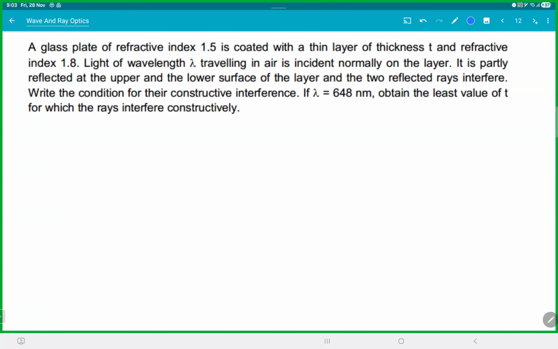A glass plate of refractive index 1.5 is coated with a thin layer of thickness T and refractive index 1.8. Light of wavelength lambda traveling in air is incident normally on the layer. It is partially reflected at the upper and the lower surface of the layer, and the two reflected rays interfere. Write the condition for constructive interference.